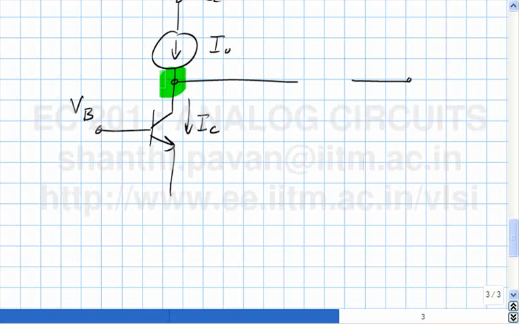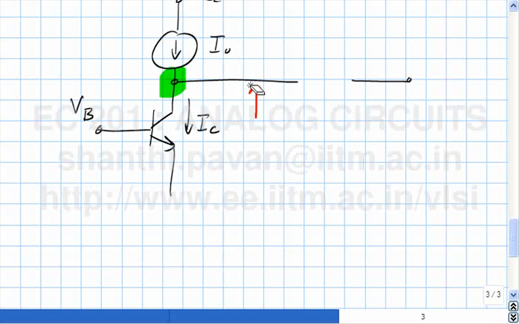If I naught is greater than IC, it means the emitter is too high. If IC is too small, it means VBE is too small. VB is fixed, so E is too high. So I must go and yank the emitter down.